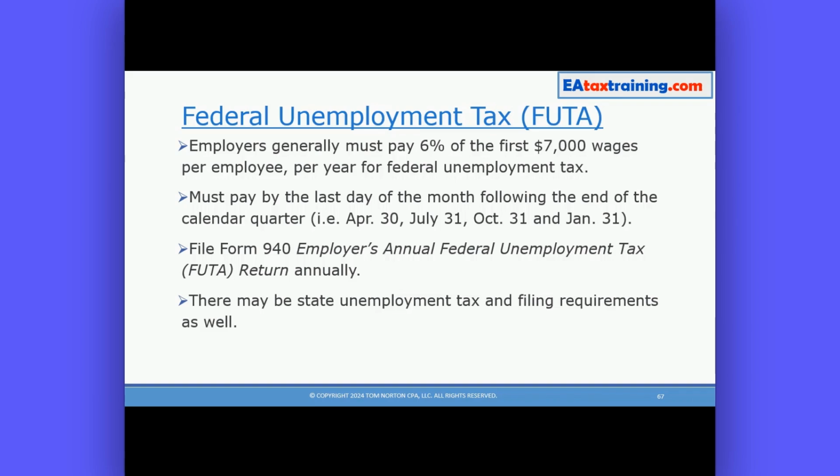You must pay these amounts by the last day of the month following the quarter. So just like with the 941, it's April 30th, July 31st, October 31st, and January 31st. Only this is when you actually pay it in, is you pay the unemployment tax in on those dates. And then you must file this Form 940 annually. So it's an annual report, but you pay in quarterly.